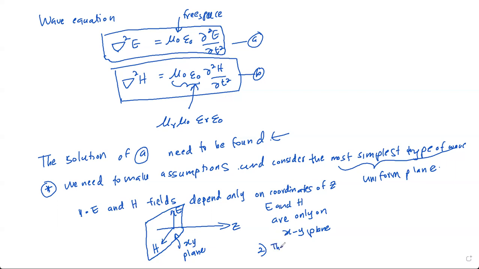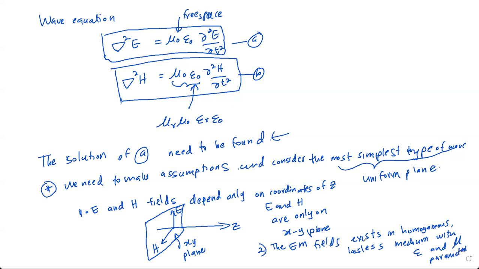So the electromagnetic fields exist in a homogeneous lossless medium with epsilon and mu naught parameters.